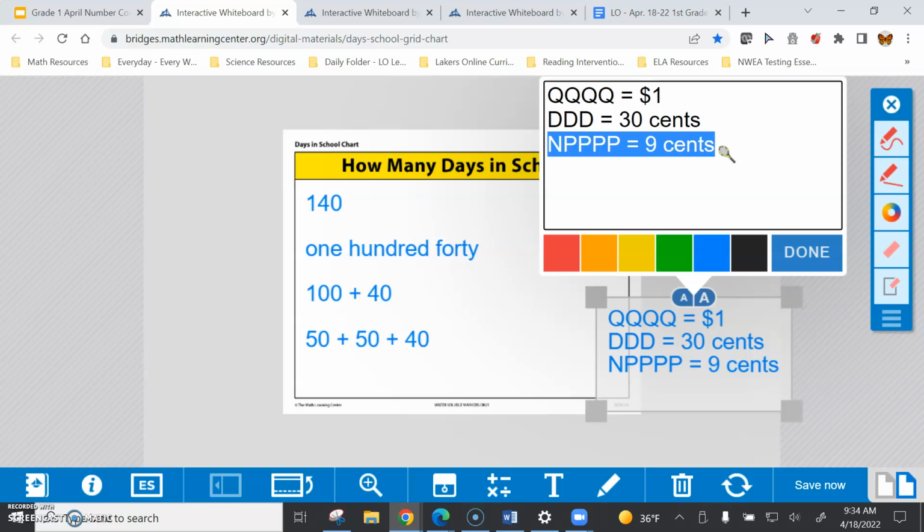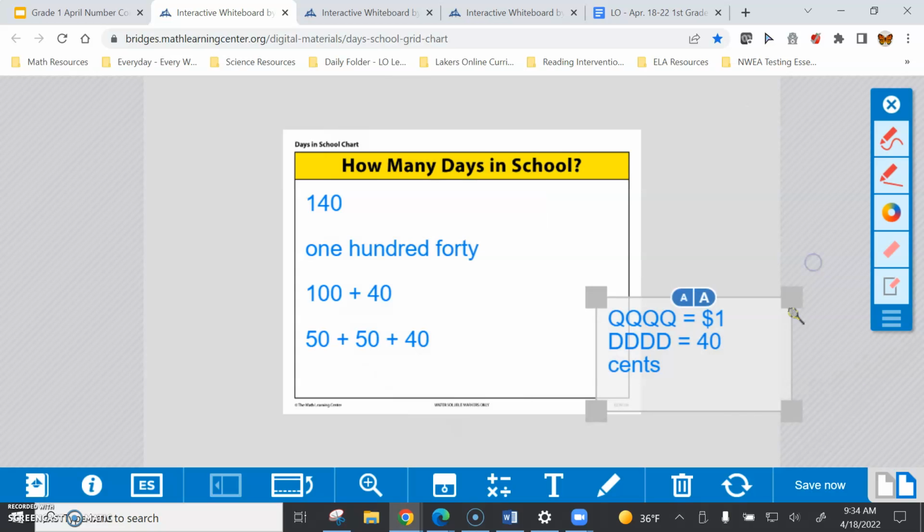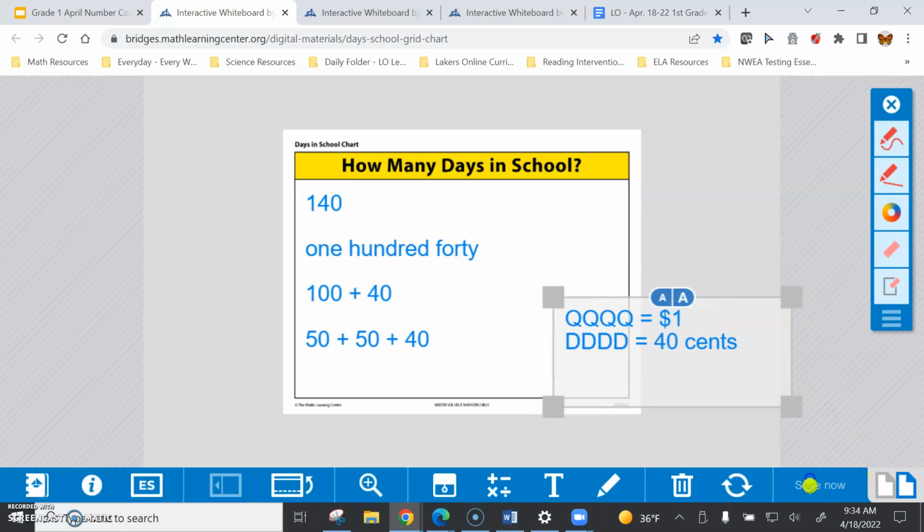We can actually take off all of that and put $1 and 4 dimes, which equals 140 cents, or $1.40.